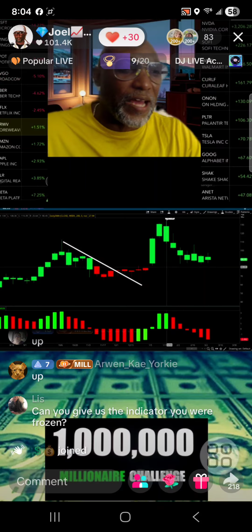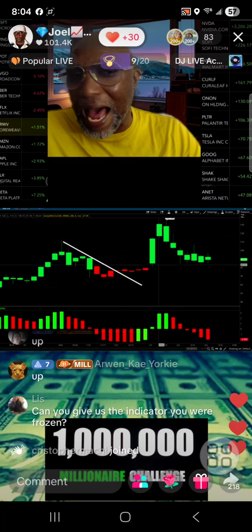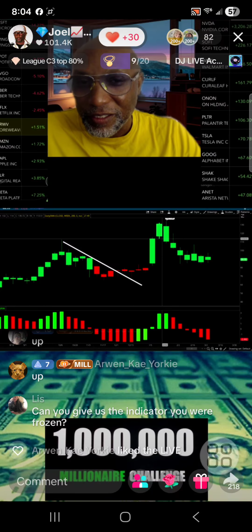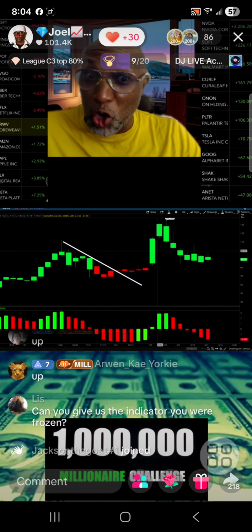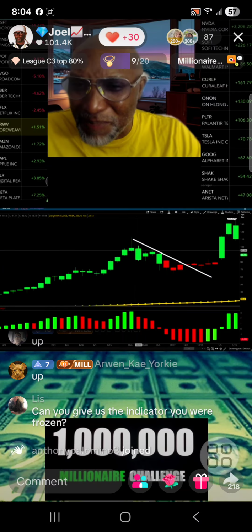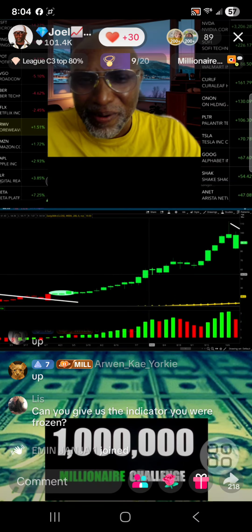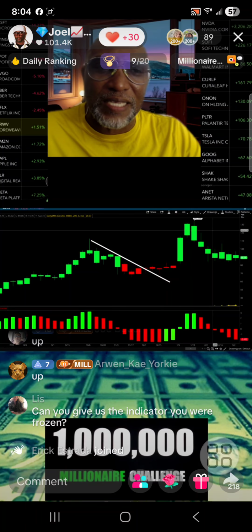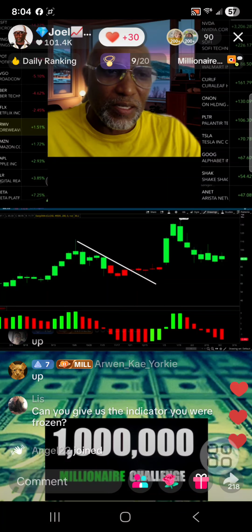Like this candle was 30 points higher. That don't count. It's got to be these little candles here. So no, this don't count. That's a 30-point candle, plus it's not 3 sideways.